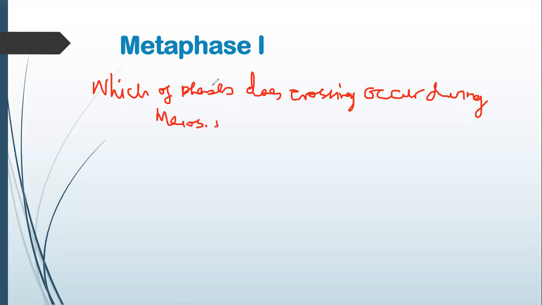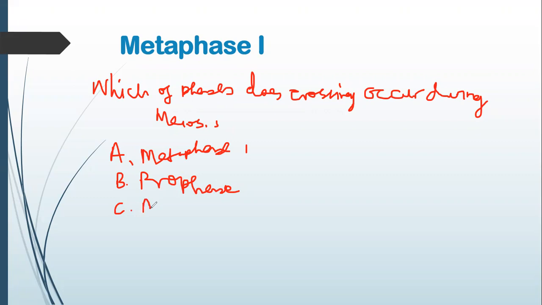Somebody has posted the answer already. Okay, that's good. We have A, metaphase 1. B, prophase. C, anaphase 1. And D, prophase 1.